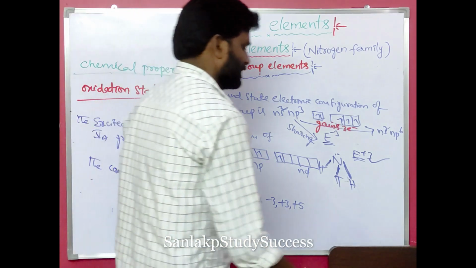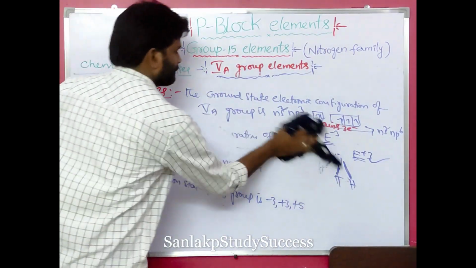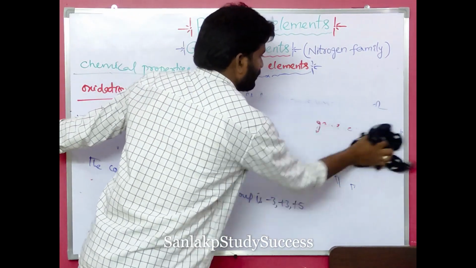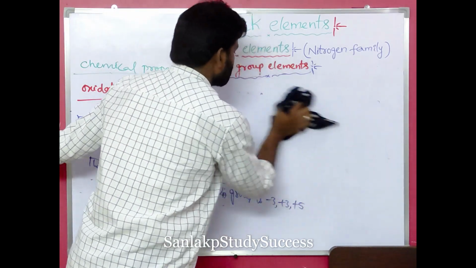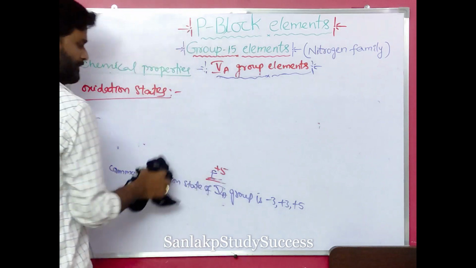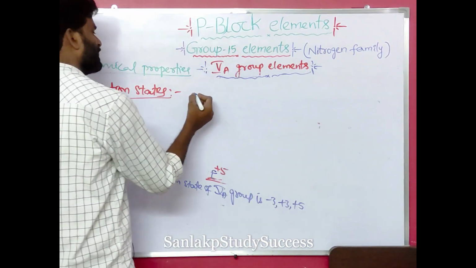The common oxidation states of group 15 are -3, +3 and +5.